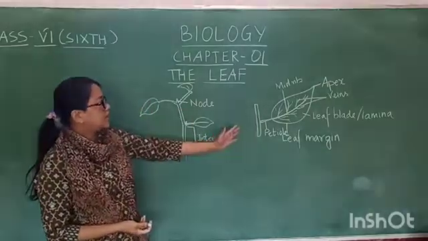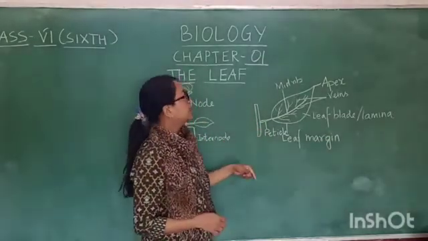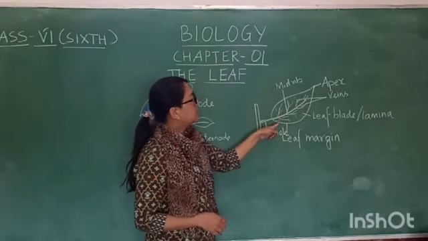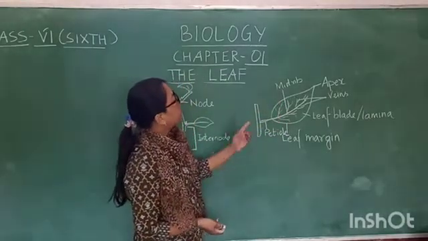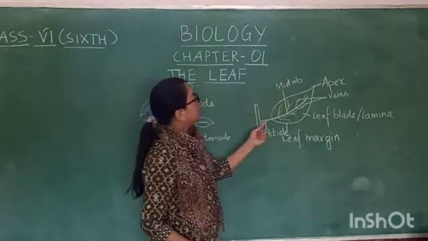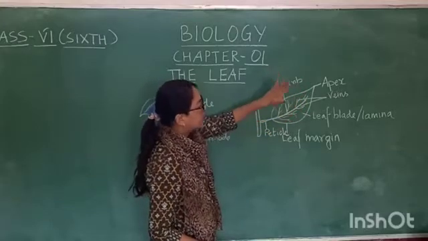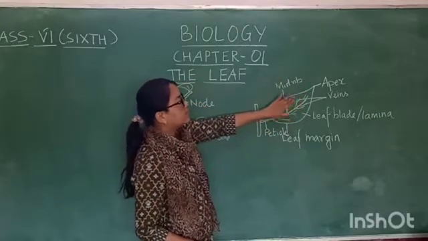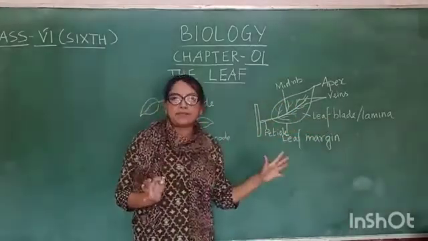Now let's study the detailed structure here. This is the stem again and this is the leaf. Now this is a single leaf. The leaf is a flattened structure, and that flat part of the leaf is known as the leaf blade or lamina.